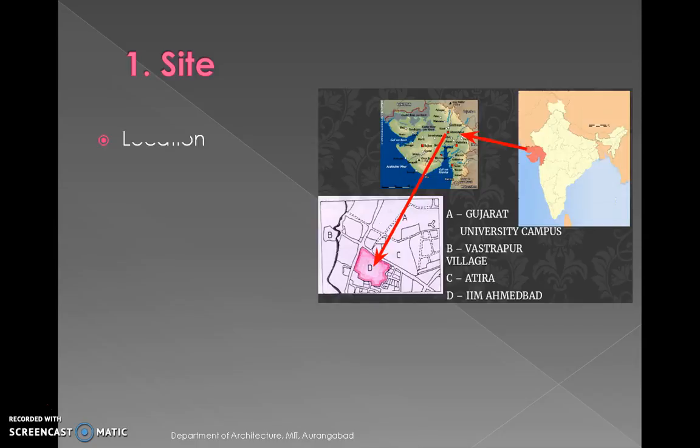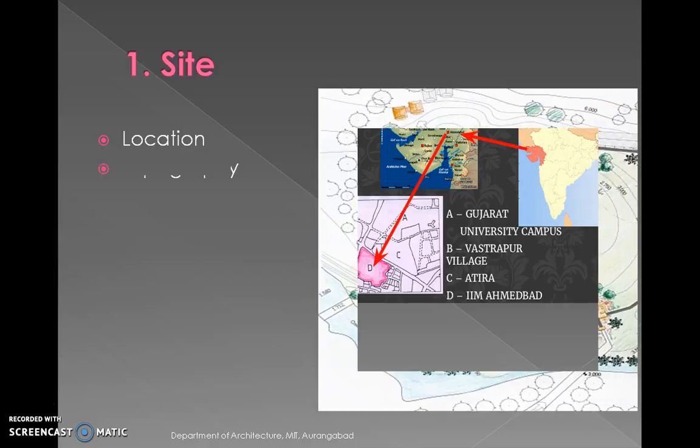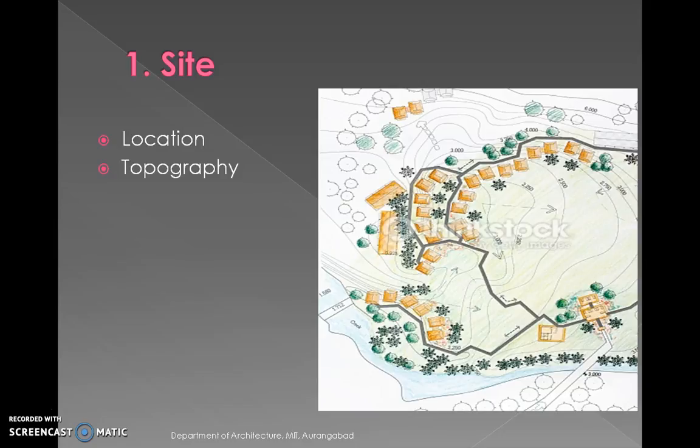The first parameter or aspect is the site. You have to first define where the site is located geographically. What is the topography of the site? Whether the site is contoured or it is a leveled site.